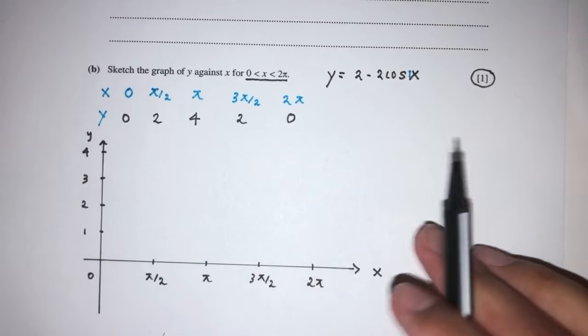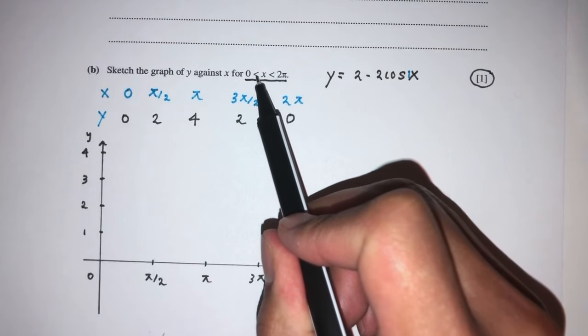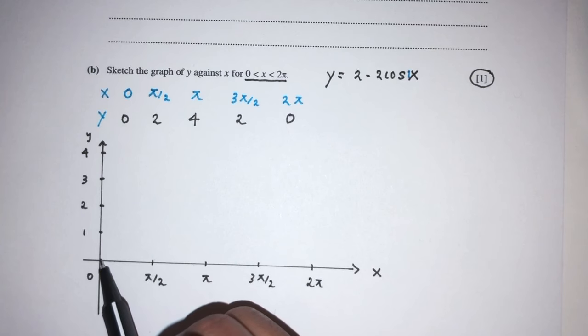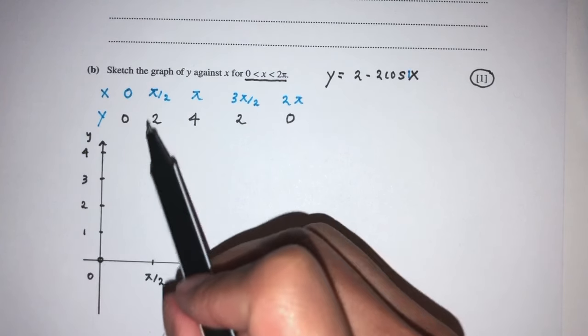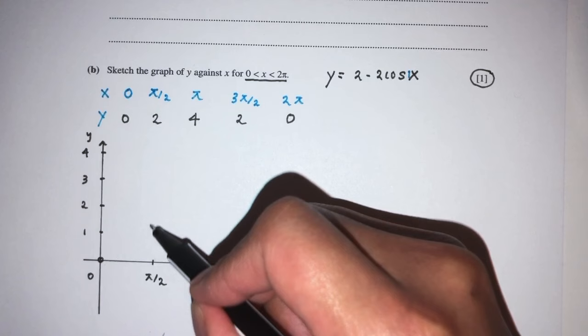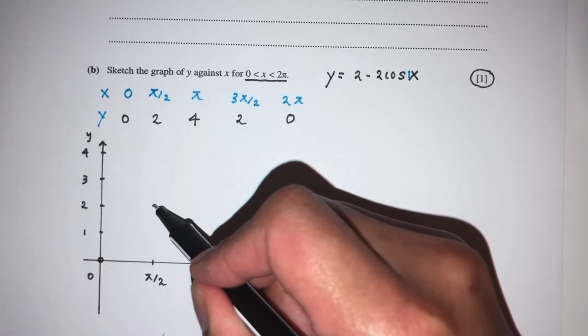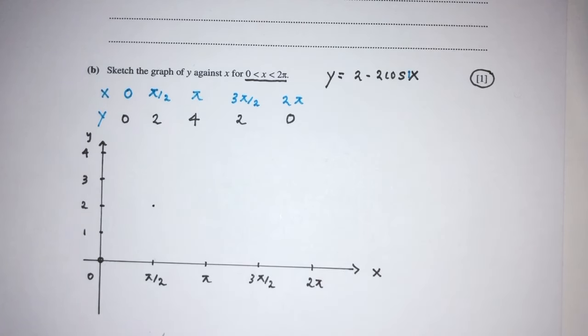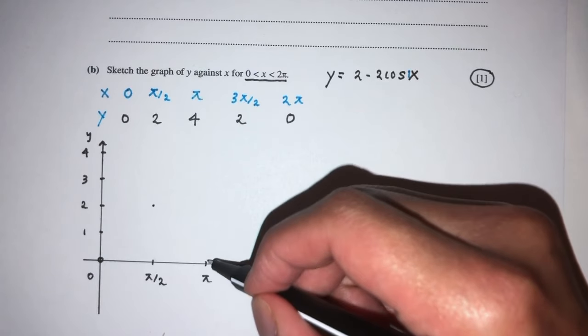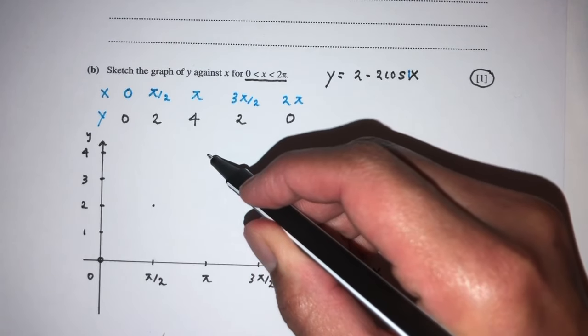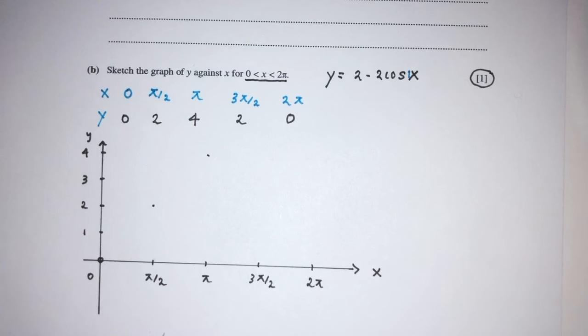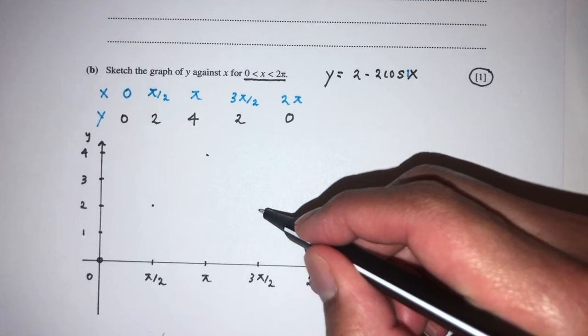The first value is 0. Again, it does not include the value of 0. Then 2 will be right here, and we have 4. Of course, you can use a ruler to make sure that it is exactly where it's supposed to be, but it's only a sketch, so we can just freehand the whole thing, not a big deal.